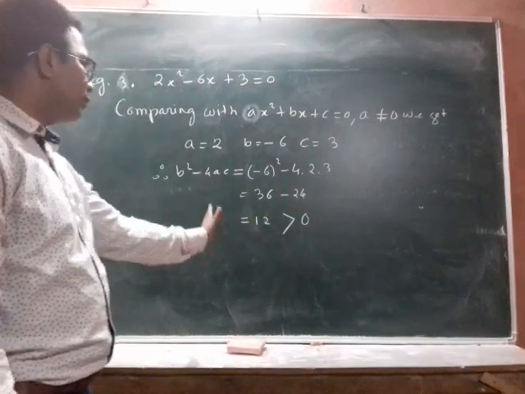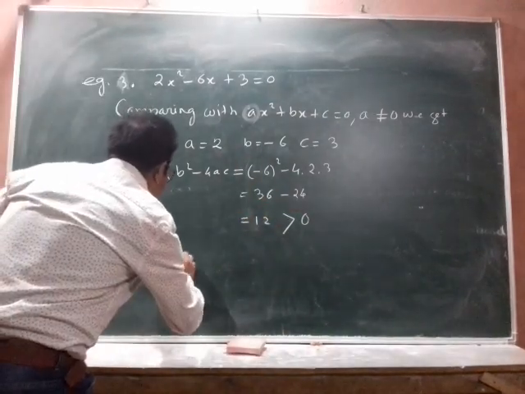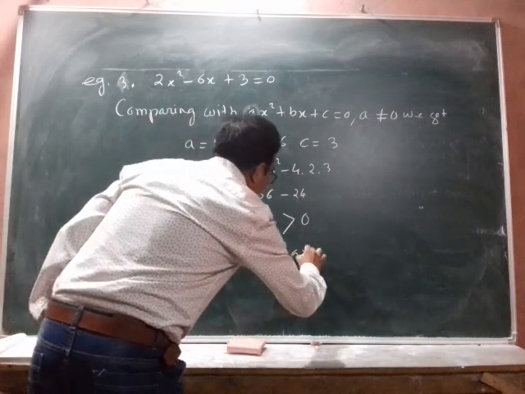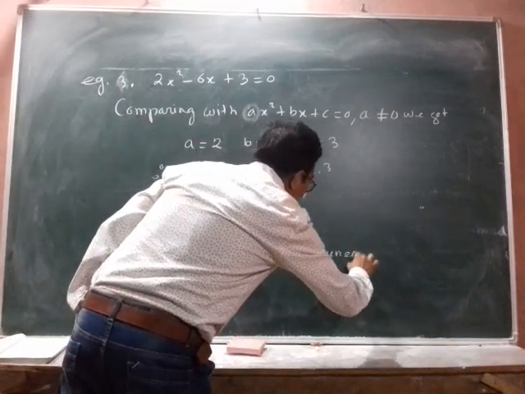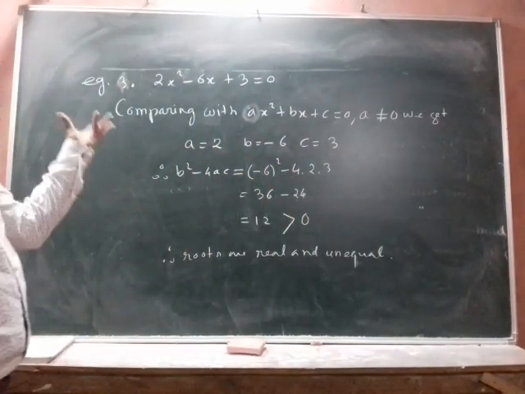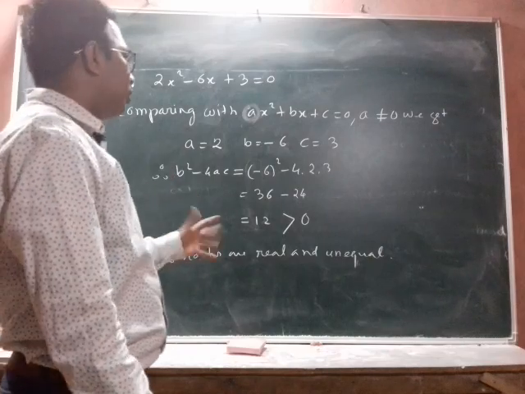So 36 minus 24 is 12, which is greater than 0. So the roots are real and unequal. In this case we will get both the roots, but they are not equal to each other.